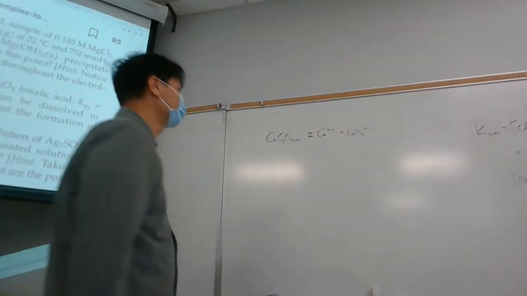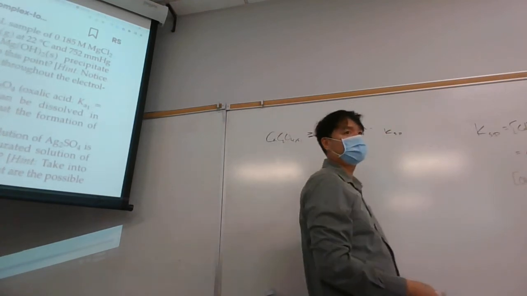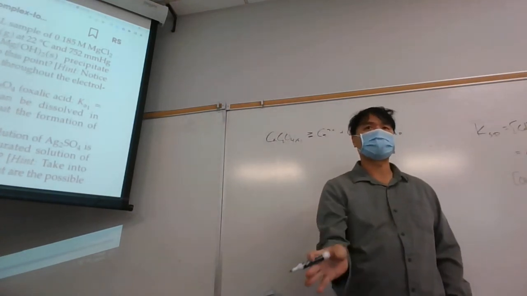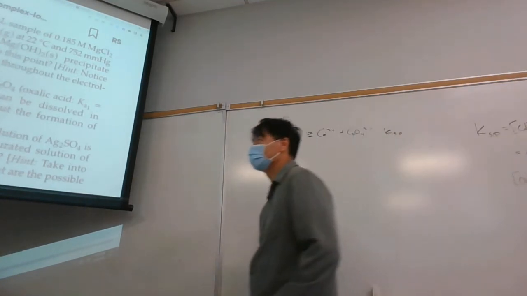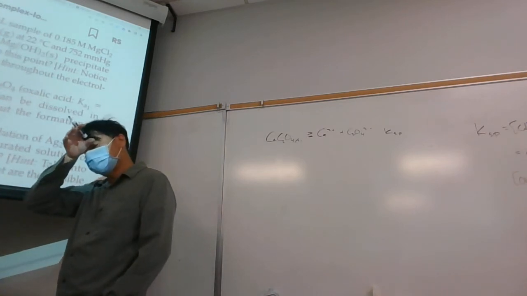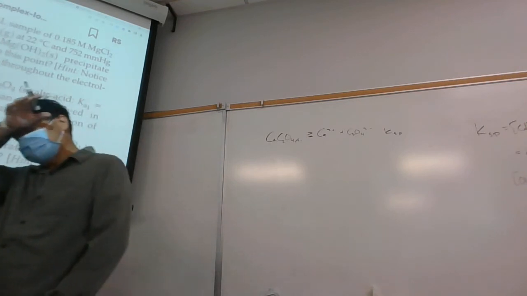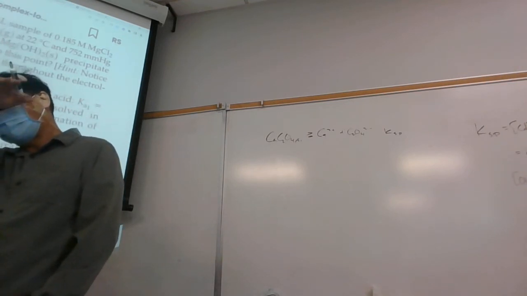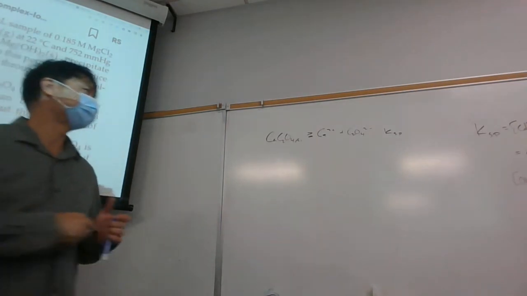Like, if somebody's given Ksp and Ka, the tendency is to automatically combine them into a Kspa equation, because we've talked about Kspa before. Sometimes you need to do that, otherwise you can't solve the problem unless you do it simultaneously. Other times we don't do that.